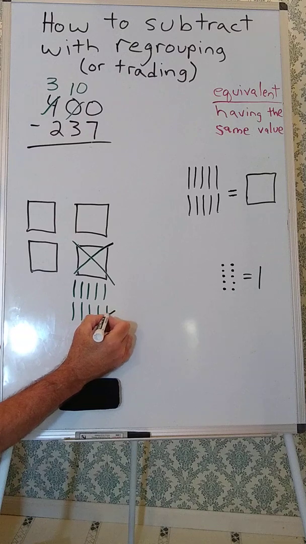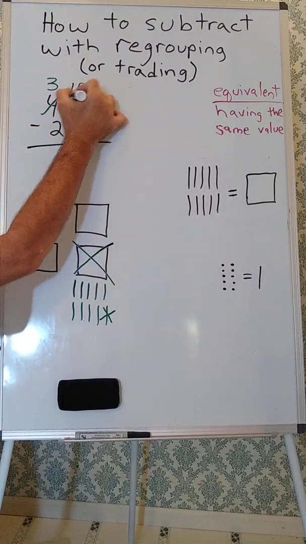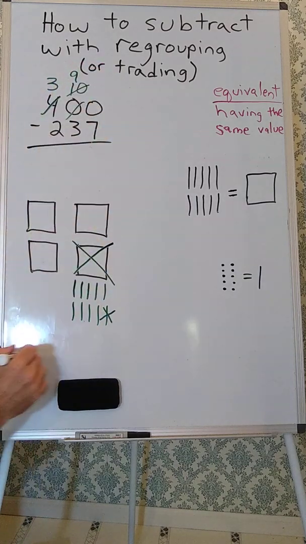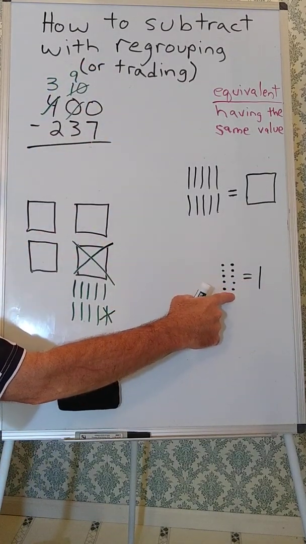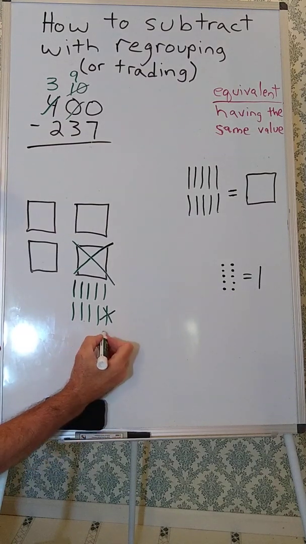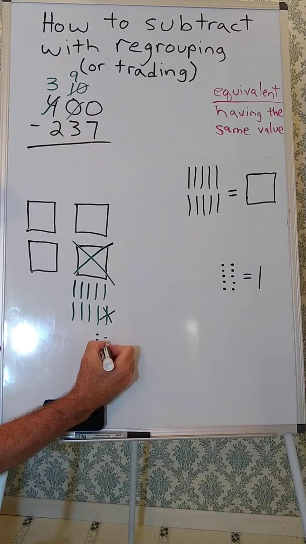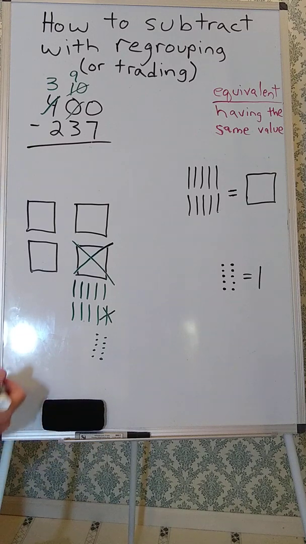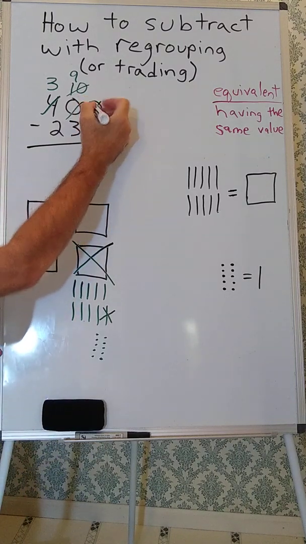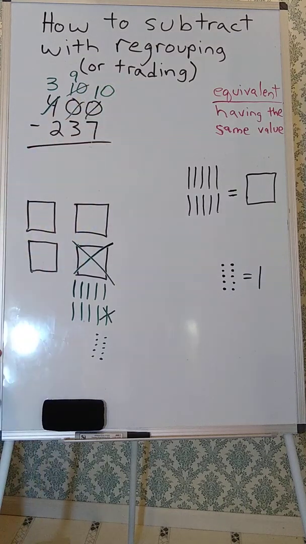So we're going to trade this 10, it goes away. Now I only have 9 tens, but the person I traded with is giving me 10 ones. So now, I'll put that here. Okay, so now we had 0 ones before, now we have 10.